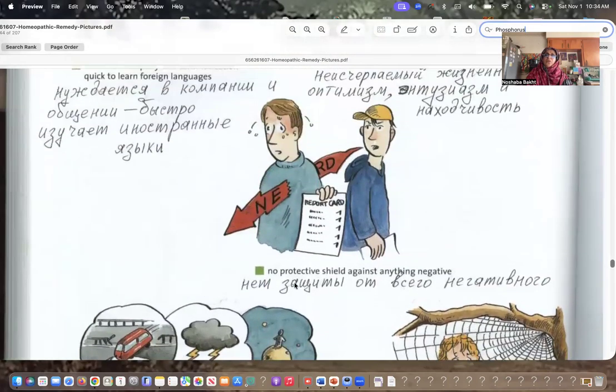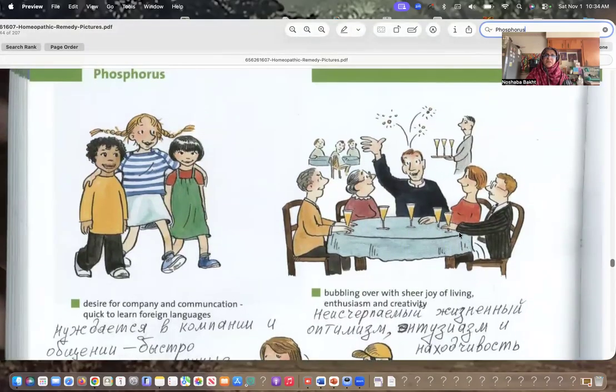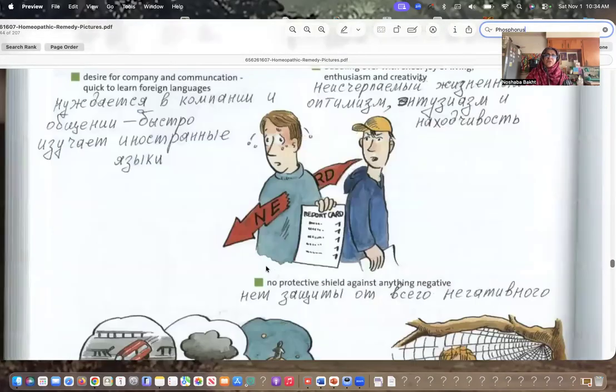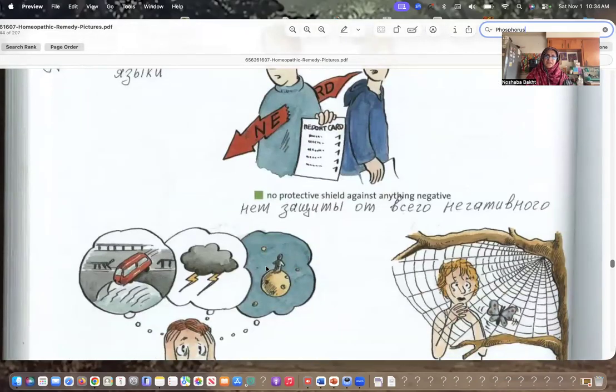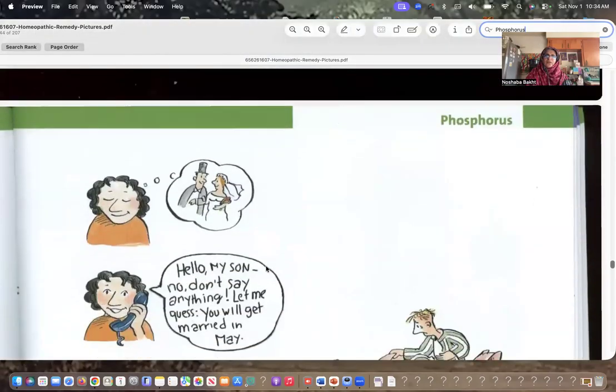Therefore, they're people pleasers. Can you see that? They're people pleasers. They want to be the center of attention. So they are anxious people. They get anxieties. They also want to help. They're sympathetic. They can feel the fear of others. They can feel the pain of others.